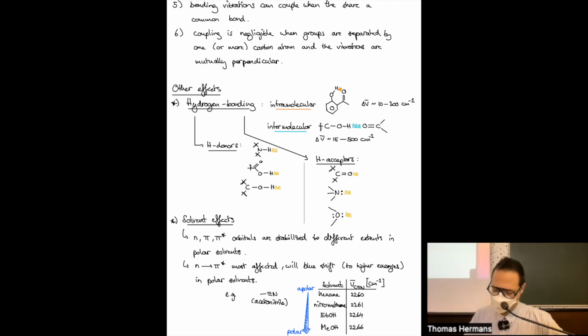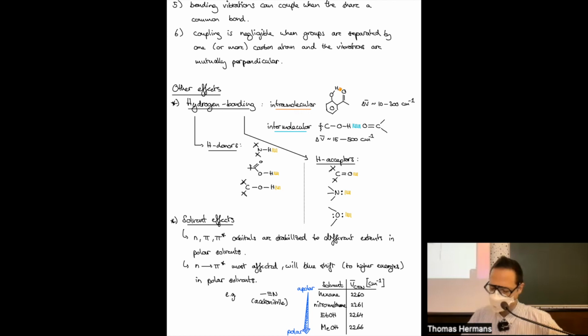So for example, acetonitrile. If we look at the frequencies, so solvent, and this is the wave number of the nitrile vibration. Then in hexane, it's very apolar, right? This is 2260.